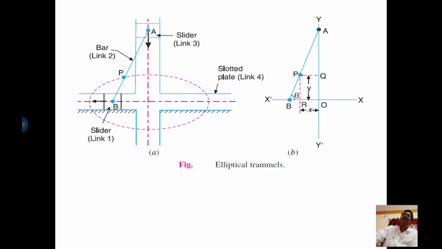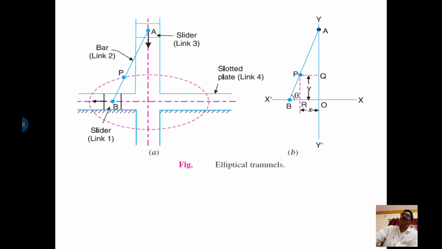This can be proved as follows. So this is the case we are observing. Now P is the tracing point of the ellipse. Any point P is moving and the ellipse shape is traced. So AP is the semi-major axis and BP is the semi-minor axis.